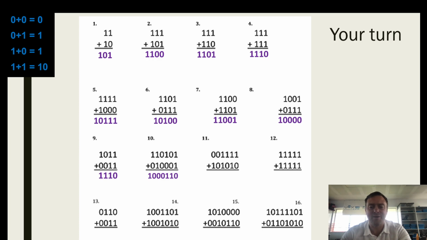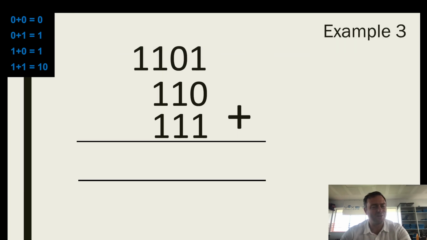Number 11 gave you 111,001. Number 12 gave you 111,110. Number 13 gave you 1,001. Number 14 gave you 10,110,111. Number 15 gave you 10,110,110. And then number 16 gave you 10,100,111. That was a lot of words, sorry.